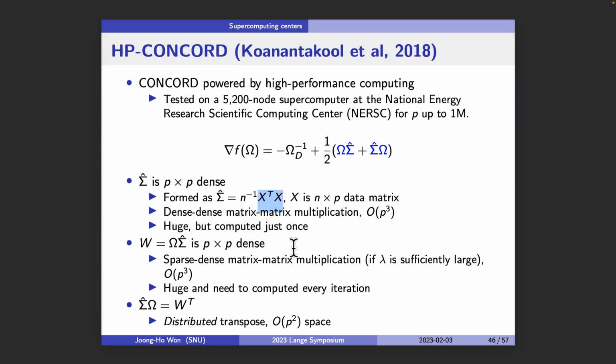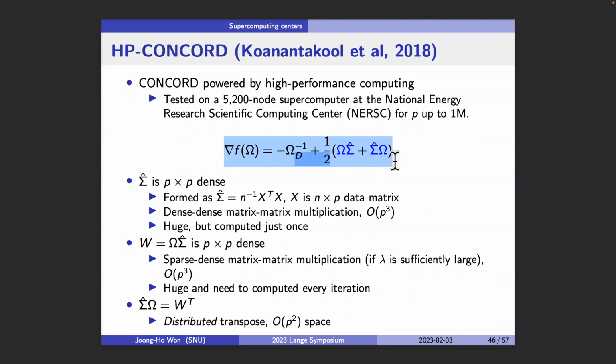But what is really problematic is computing this guy, omega times sigma hat. That's a sparse times dense matrix product, because the omega matrix is meant to be sparse, especially when the penalty strength is large. But this computation has to be done at every iteration because of the nature of proximal gradient.